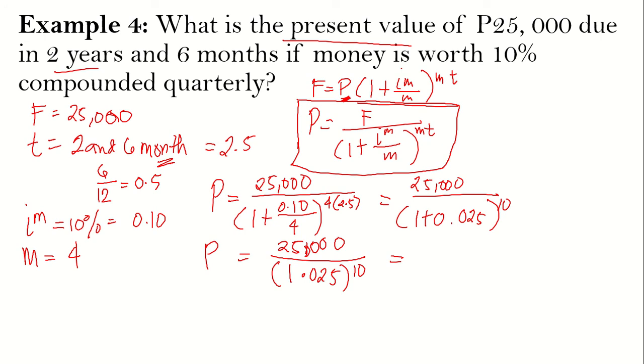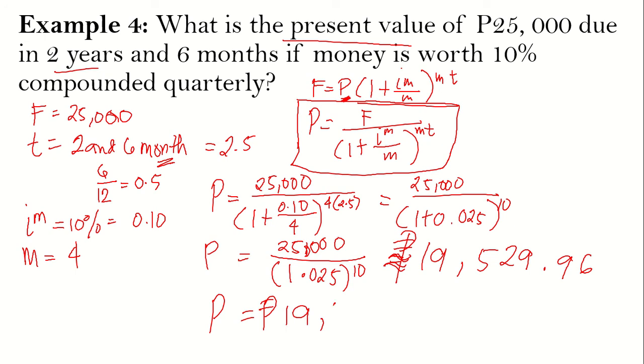The final answer is equal to 19,529.96. Approximately 19,529.96 pesos. This is the present value. P is equal to 19,529.96 pesos.